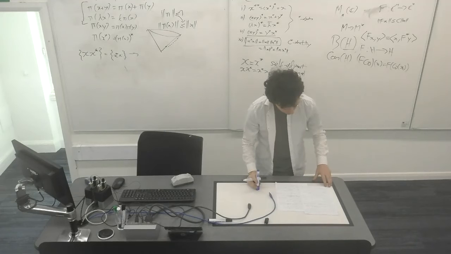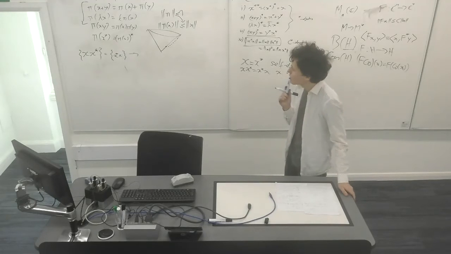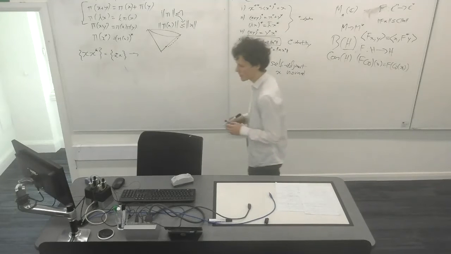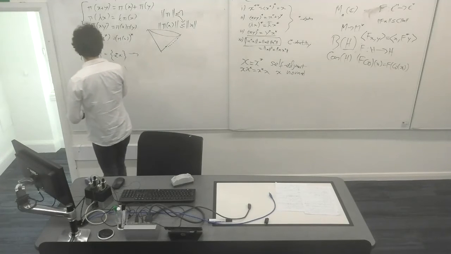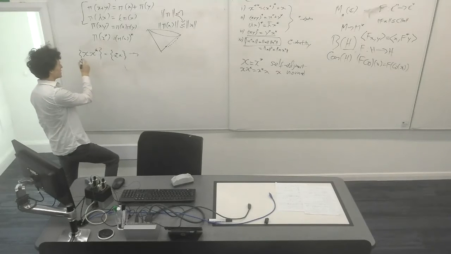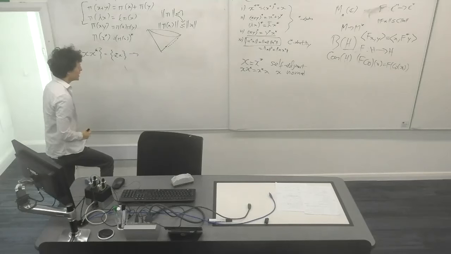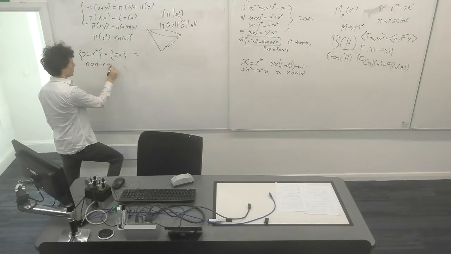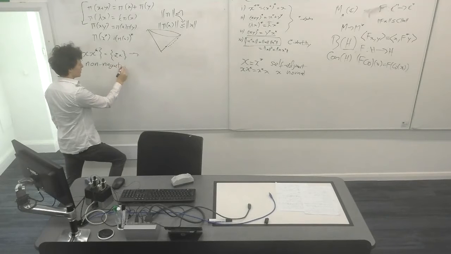These are pretty interesting topics we'll talk about in a second. If a member of these, a member that can be expressed as x star or x star x, is what we call, confusingly, non-negative.